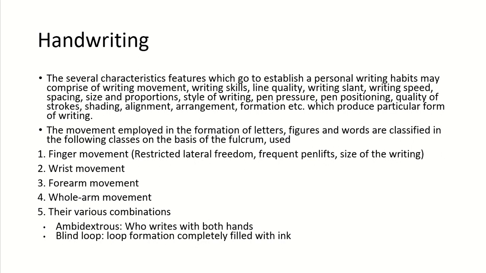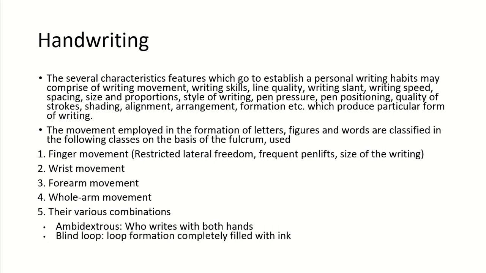So these are the writing movement, writing skills, line quality, slant, speed, spacing, size and proportion, style of writing, pen pressure, pen positioning, quality of strokes, shading, alignment, arrangement, formation, etc. The movements involved in handwriting are finger movement, wrist movement, forearm movement, whole arm movement, and their various combination. Whole arm movement is basically seen when someone writes on the blackboard.